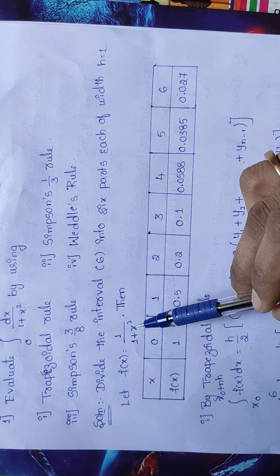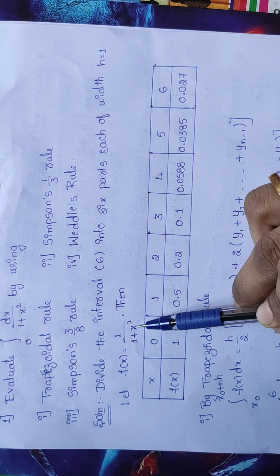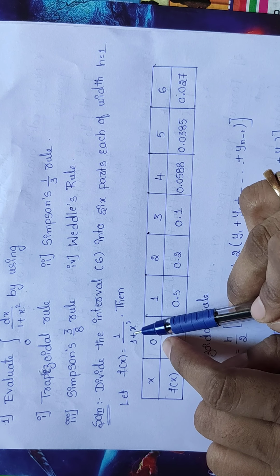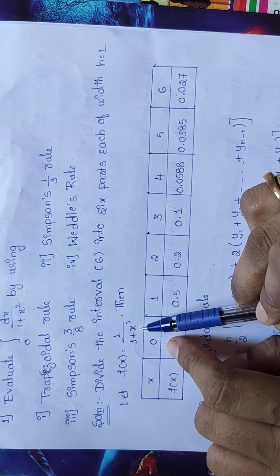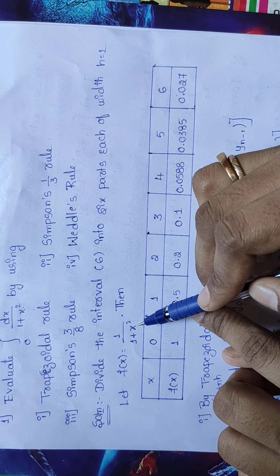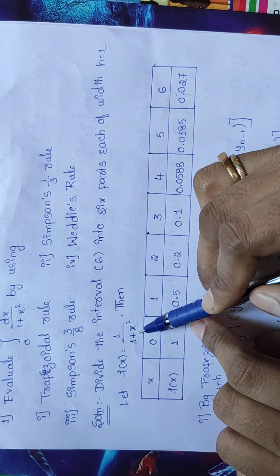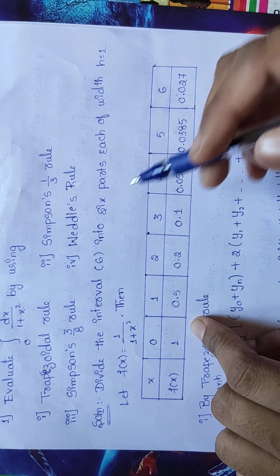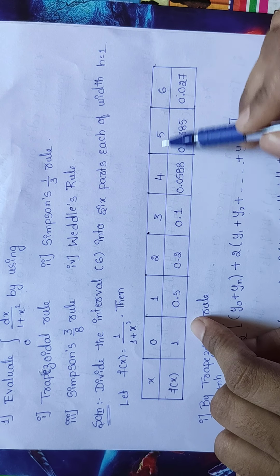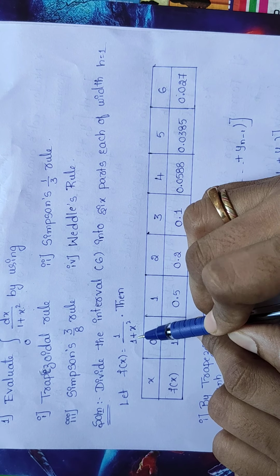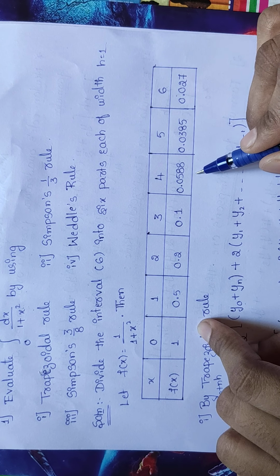When x is 1, it becomes 1 divided by 1 plus 1 square, which is 1 by 2, so 0.5. When x is 2, it becomes 1 divided by 1 plus 4, which is 1 divided by 5, so 0.2. Go on doing the same for 3, 4, 5, 6, substituting in the function and solving, and you will get the f of x values.